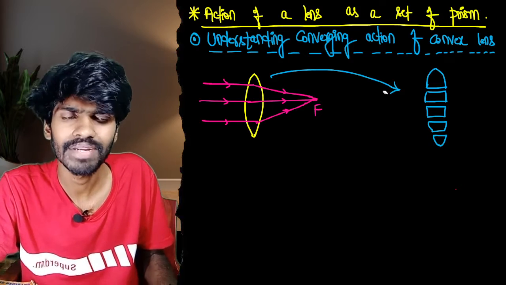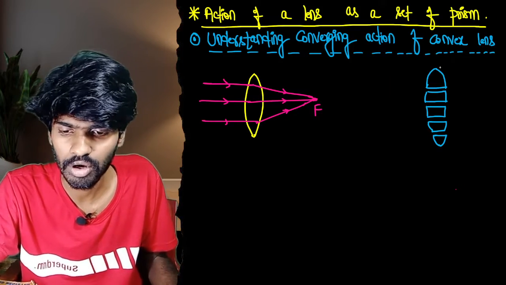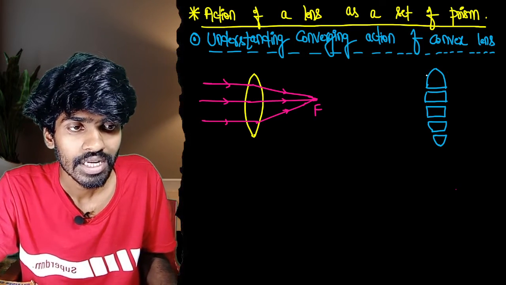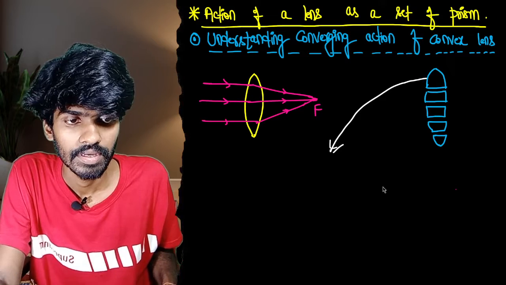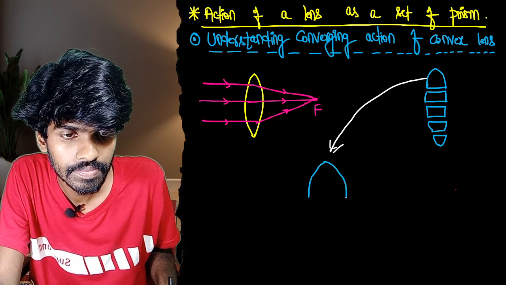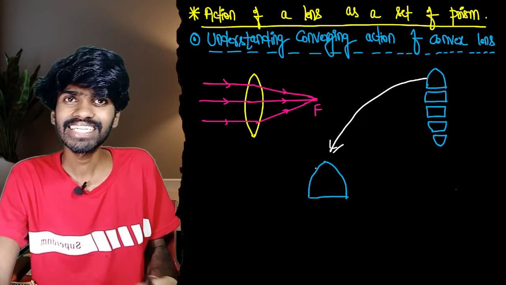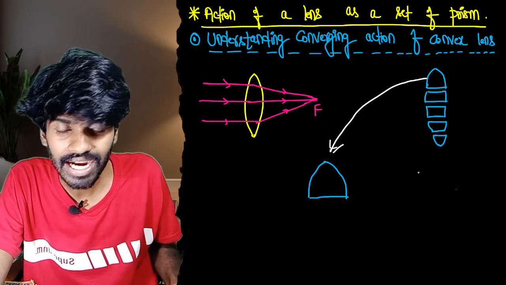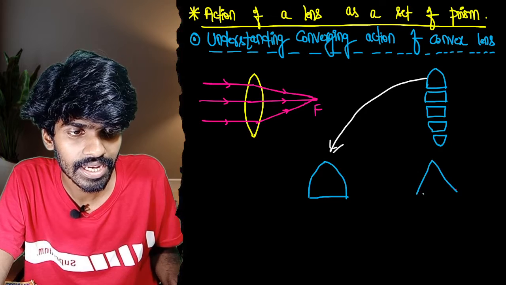We don't actually have to break it, we are just breaking it for simplification and analysis. This portion will look like this, and you can see that it almost looks like a triangular prism.